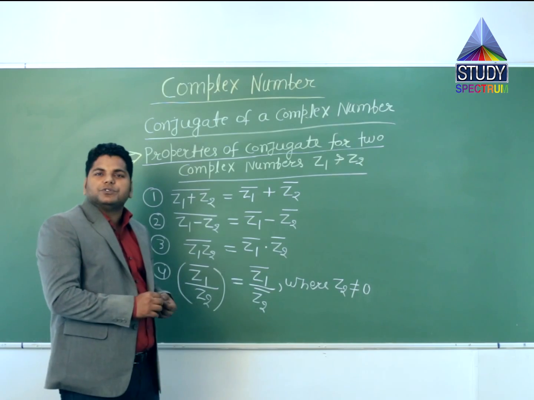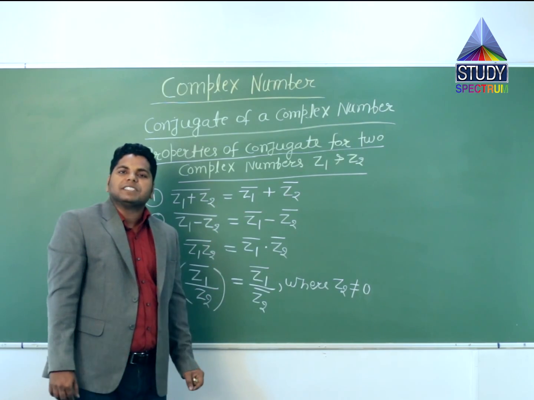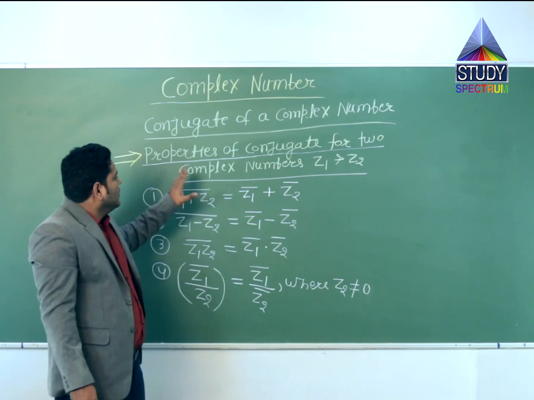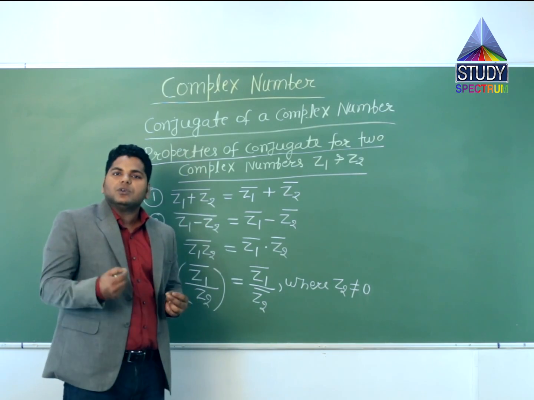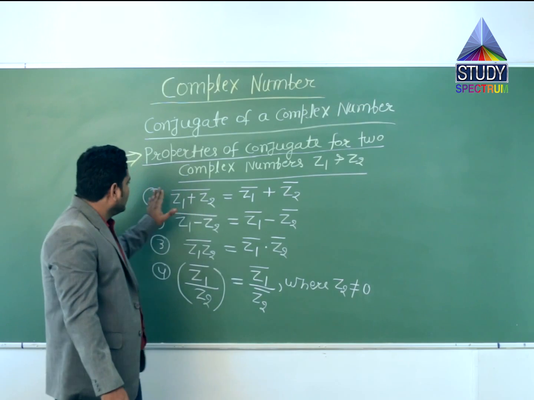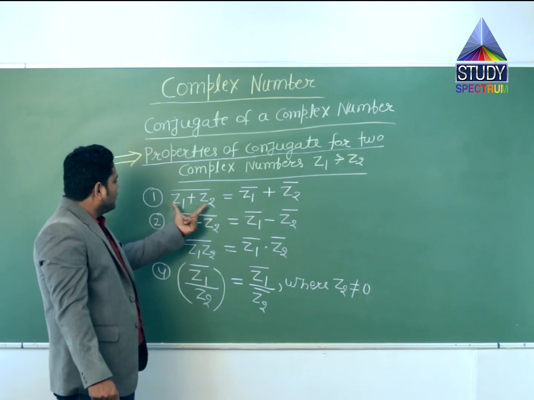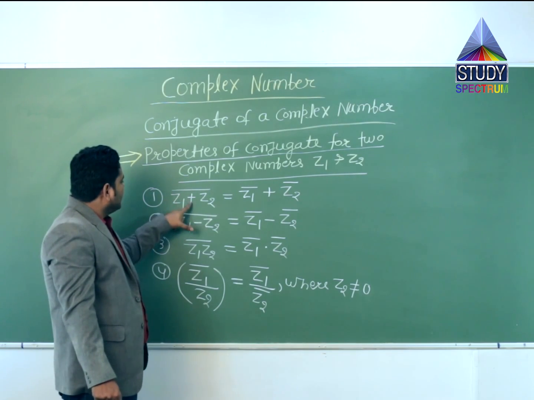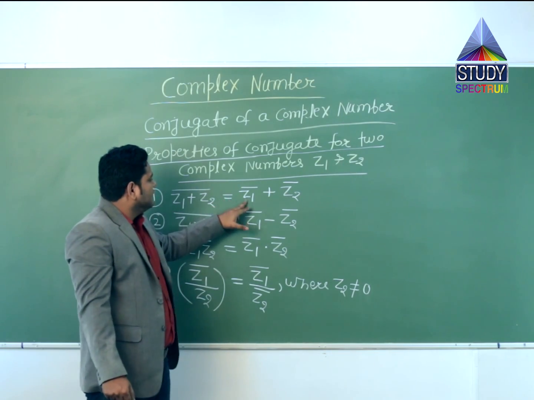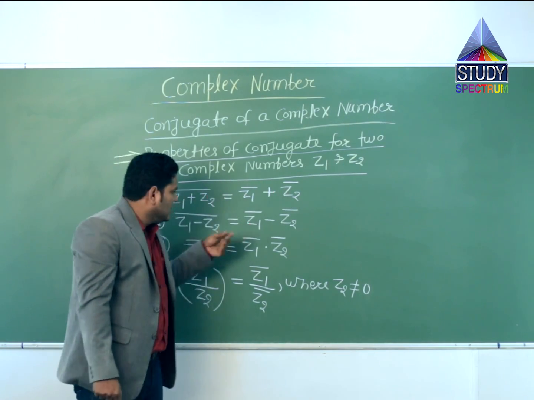So after introducing the conjugate of a complex number, it's time to observe properties of conjugates for two complex numbers Z1 and Z2. Start with the first property. If you have to find Z1 plus Z2 whole bar, then the property is Z1 bar plus Z2 bar.